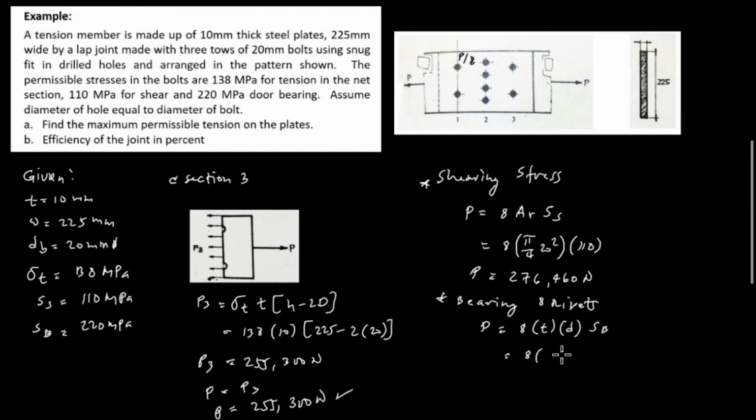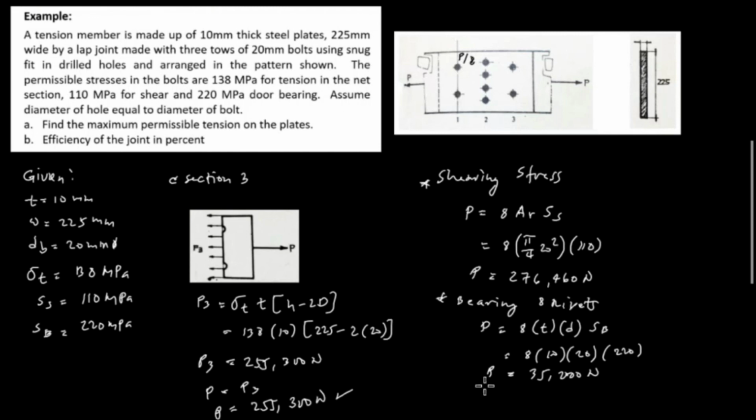So 8 multiplied by the thickness multiplied by the diameter of the bolt and multiplied by the bearing stress, which is 220. 8 times 10, 80, times 20, it's 1,600, times 220, and the value is 35,200 Newton.